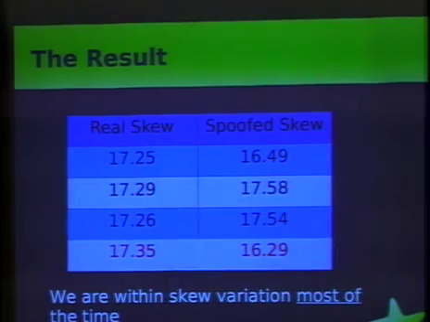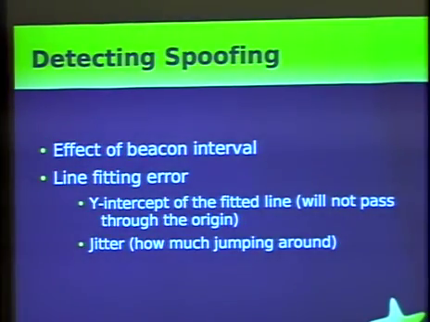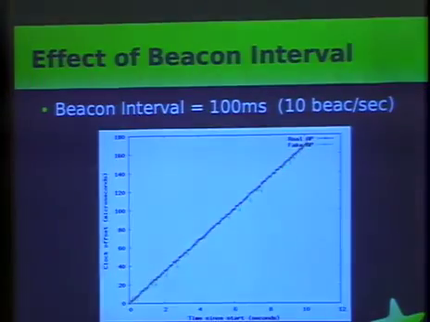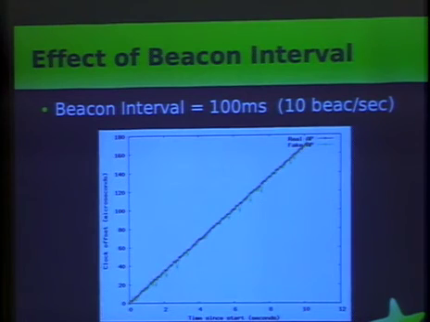And you can do that, but it gets kind of hairy because at microsecond intervals, you never know what is your error and what is the behavior of the AP. But you've got to watch out for it, if you're doing that sort of detection. Well then, this is the picture for the normal beacon interval, 10 beacons per second. And so we can spoof pretty well.